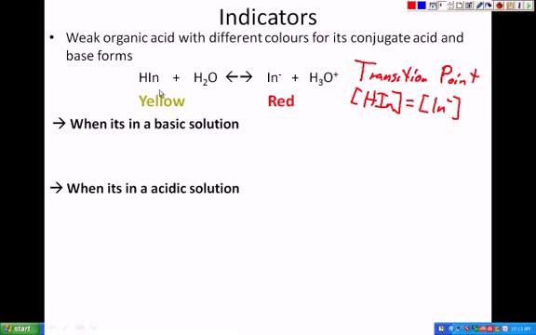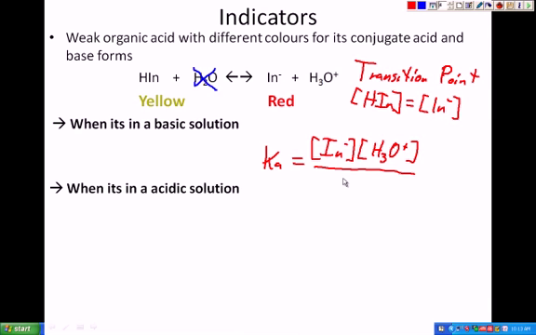This is an acid, so let's write a Ka formula for this. Ka equals products, IN minus times H3O plus, this is a liquid so we don't count it, divided by HIN.